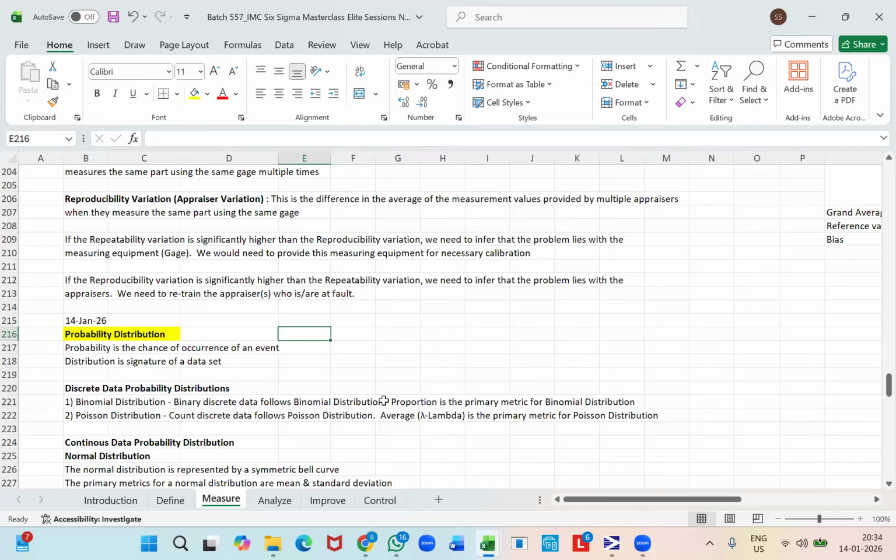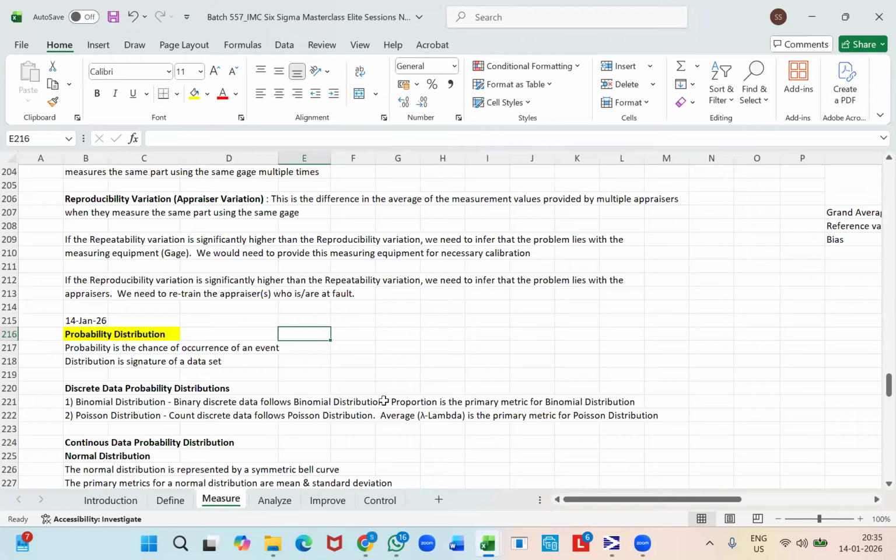So when we connect the midpoints of all the adjoining bars in a histogram, and if we happen to get a symmetric bell curve, then we will say that the data distribution is normal. But if you have some outlier value in the data set, due to which the bell curve is skewed, so it has a longer tail either on the right-hand side or on the left-hand side, we would call that a non-normal distribution, right?